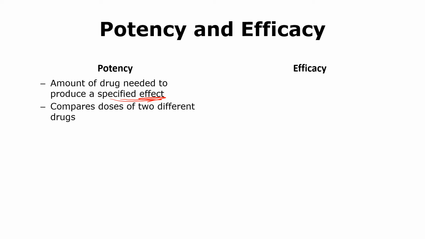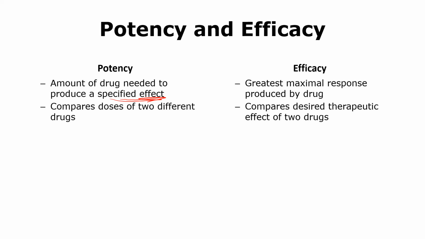So you're comparing two different drugs, by the way, drug A and drug B. Efficacy, on the other hand, will give you the greatest or maximum response produced by that drug. So you're comparing the desired therapeutic effect of two drugs. What do I mean by that?